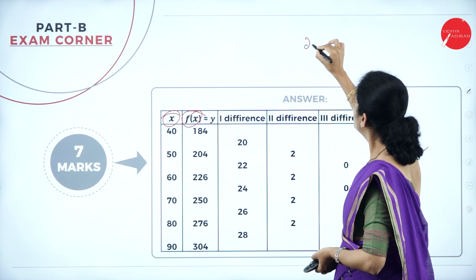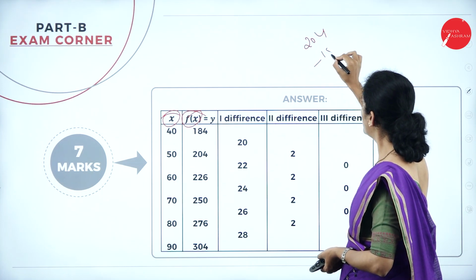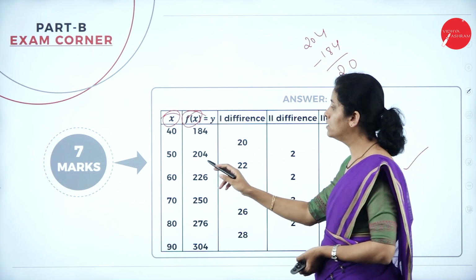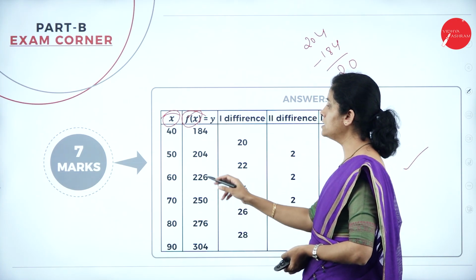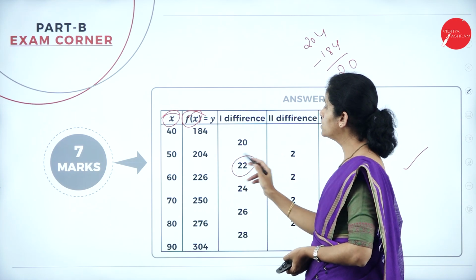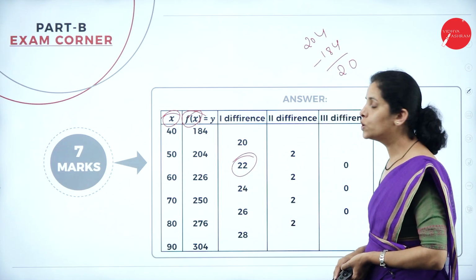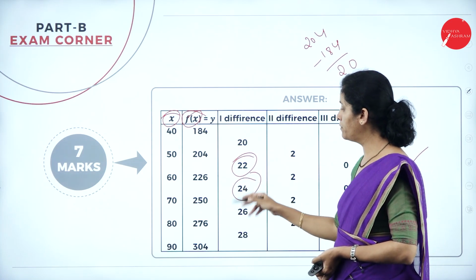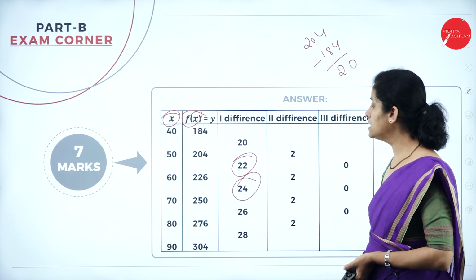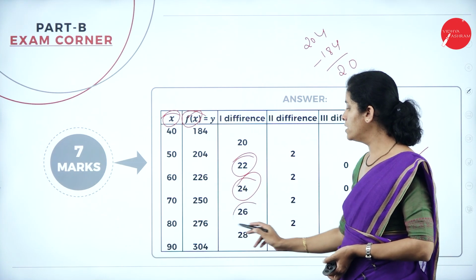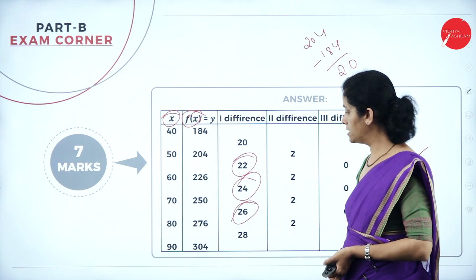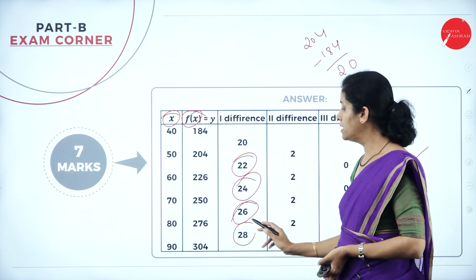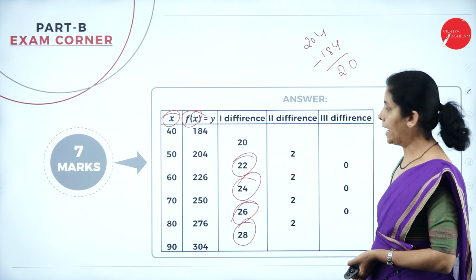Now, 204 minus 184 is 20. 226 minus 204 is 22. 250 minus 226 is 24. 276 minus 250 is 26. 304 minus 276 is 28.